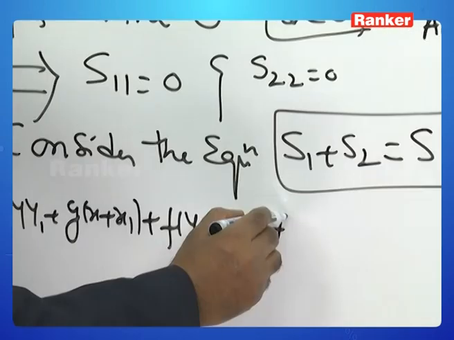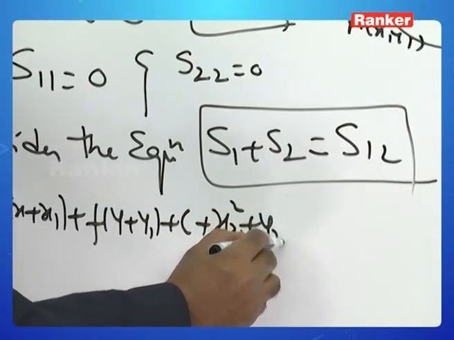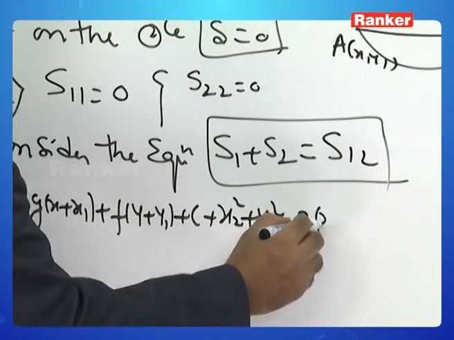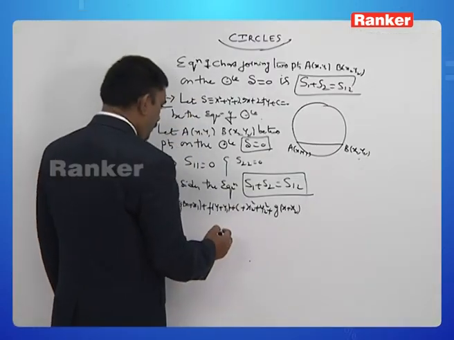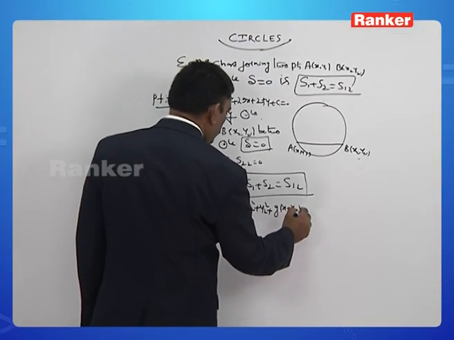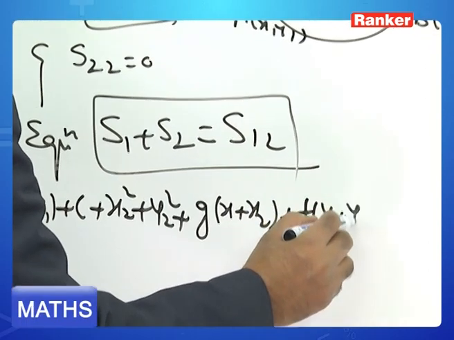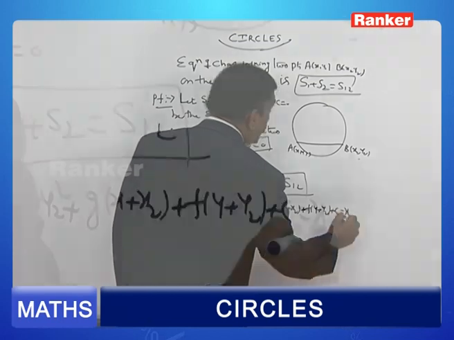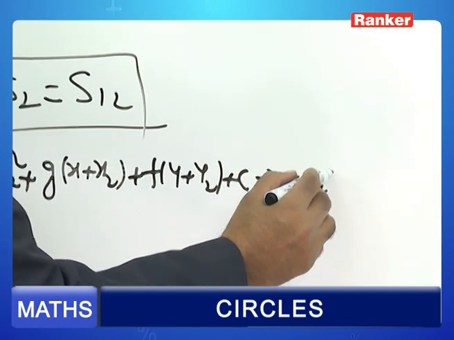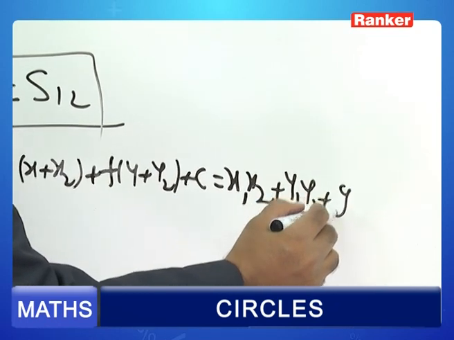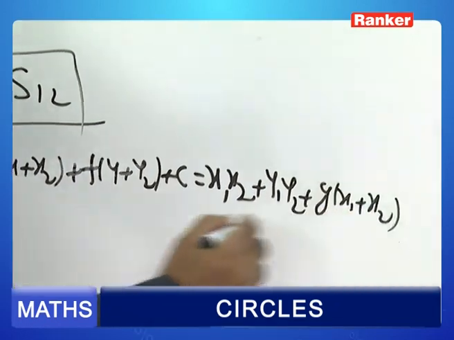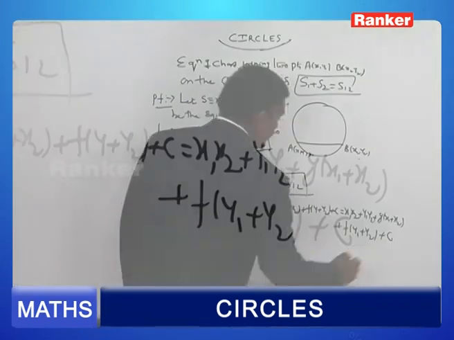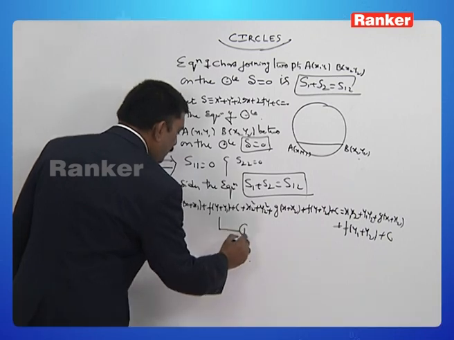Now S2: xx2 plus yy2 plus g into x plus x2 plus f into y plus y2 plus c is equal to S12, that is x1 x2 plus y1 y2 plus g into x1 plus x2 plus f into y1 plus y2 plus c. Call this equation 1.